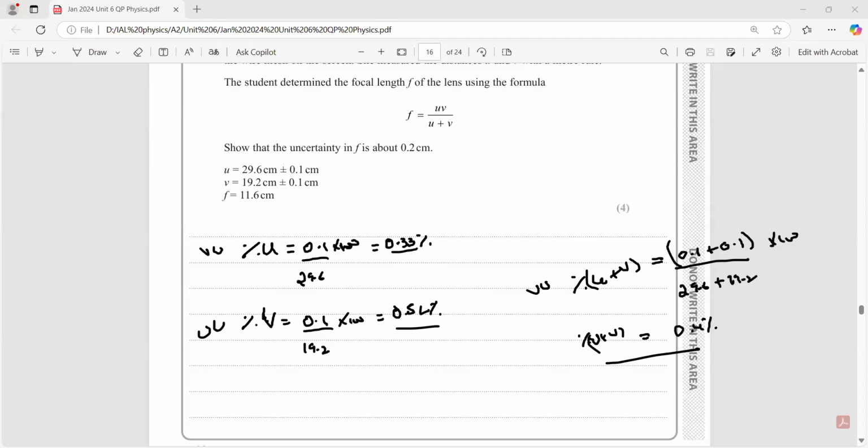So we have 0.4%, 0.52 and 0.33. Because we need the uncertainty in F, and F is calculated as U into V divided by U plus V. So the uncertainty in U, which was 0.33, the uncertainty in V, which is 0.52, and the uncertainty in U plus V, which is 0.4. So we will add. What's the answer, the percentage uncertainty?